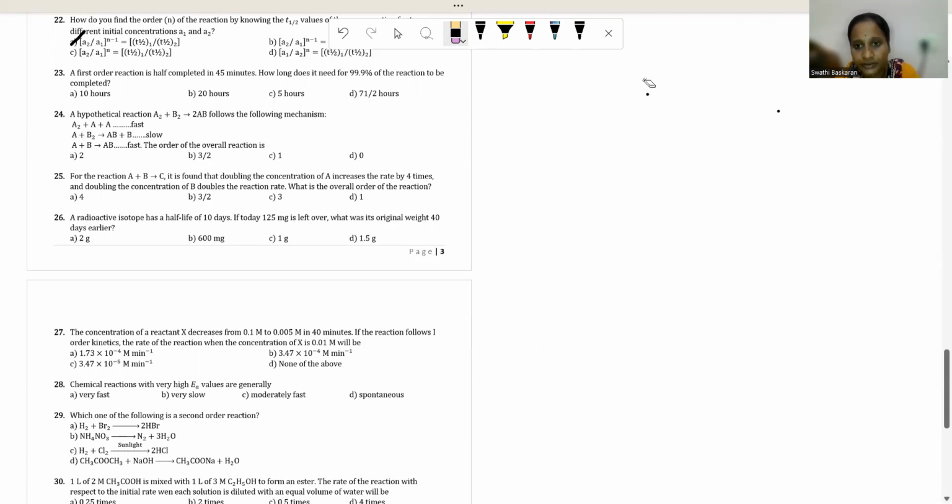So now we have the first reaction. So finally, what we need to determine here is the order of the overall reaction. So for the slow step, we have to write the rate.